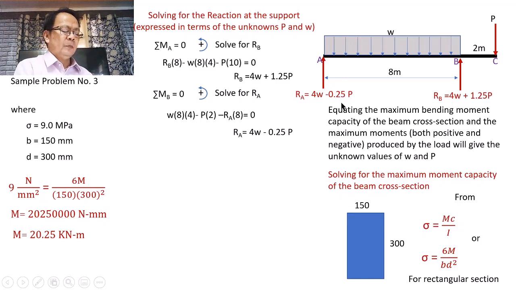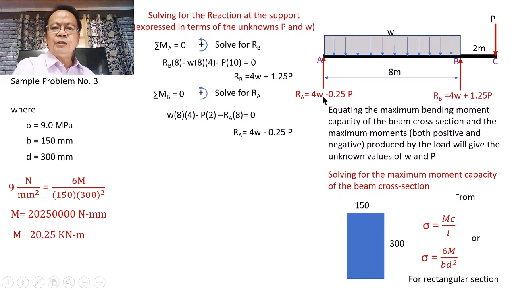Diba? So, kapag nagsosolve ako ng problem, nire-recommend ko sa mga estudyante ko na before proceeding further, kasi nga yung ating dalawang unknowns ay kinumpit natin individually, mas maganda na ma-check muna natin yung ating na-complete na reaction para sigurado tayo na yung ating solution will be correct.